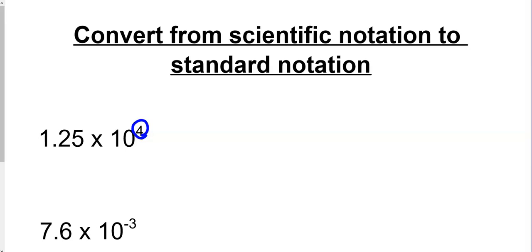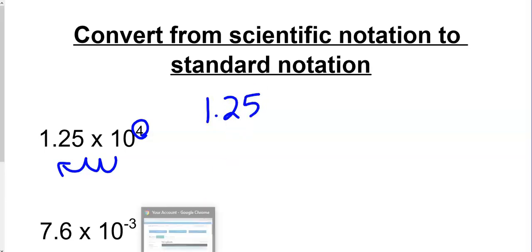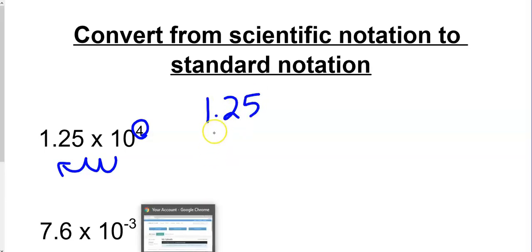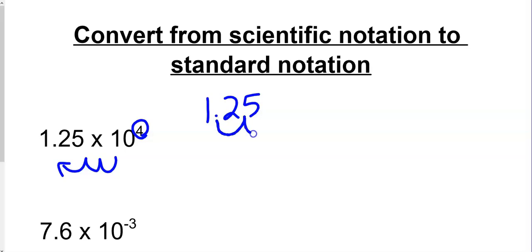Sorry, I had to think about that for a second. So that's what it's talking about. It came from the right. So let's take 1.25 and undo the movement of 4. So we're going to go 1, 2, 3, 4. There's where my decimal's at now.